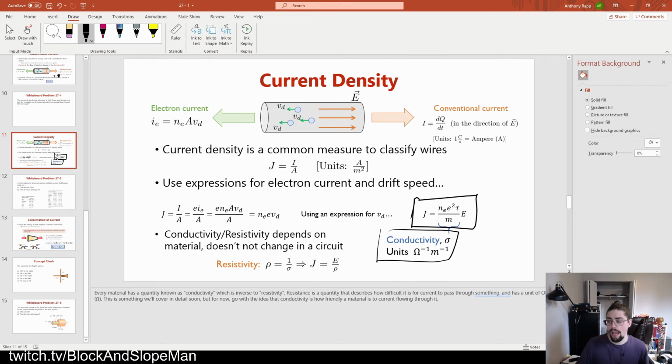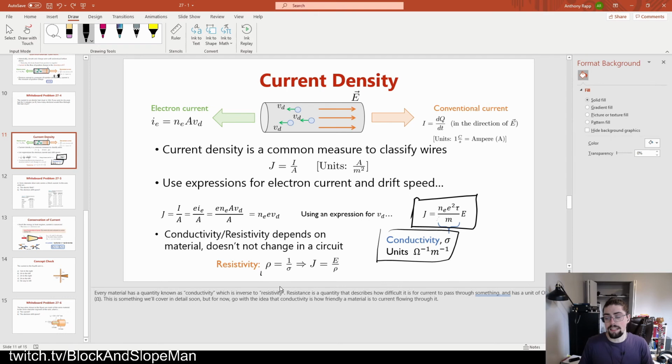So in knowing that, we don't really have any idea what these units are yet. Ohms is a measure of resistance, which if you've done anything with electricity before, you will immediately recognize. But for anybody that's brand new to this, don't worry about it too much yet. Let's go with the conceptual understanding of these two quantities. Conductivity is how welcoming to current flowing through it a material is.